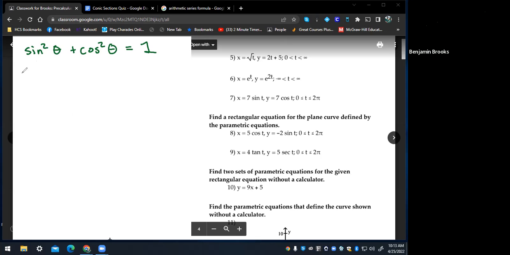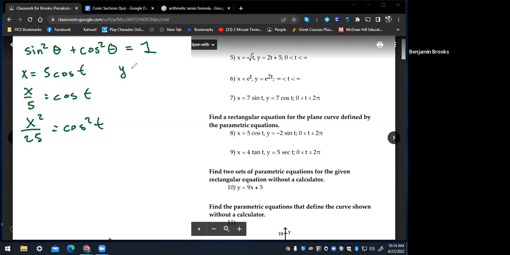So since we're going to use this, here's what I'm going to do. I got x is equal to 5 cosine of t, right? So if I divide by 5 on both sides and then square both sides, I get cosine squared of t. That should be pretty simple enough, right? That's all I did. The same thing with the y value.